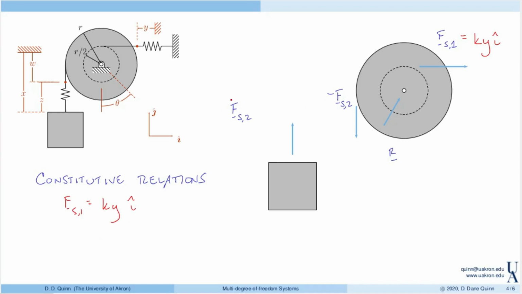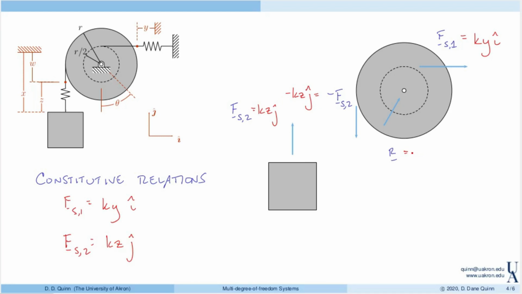Likewise, if you look at, say, Fs2, if z is positive, then this force acting on the block will be directed up, right? So Fs2 here is k times z in the j direction. And then likewise, this is minus kz in the j direction. So that these two forces are of equal magnitude, opposite direction.